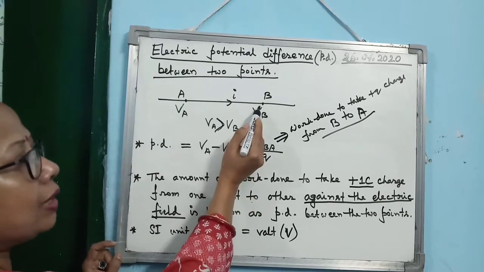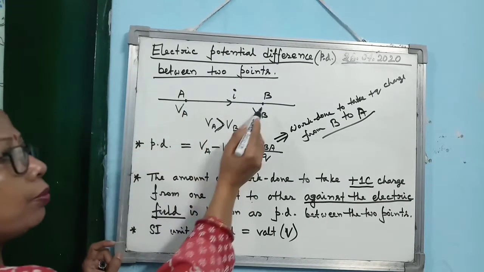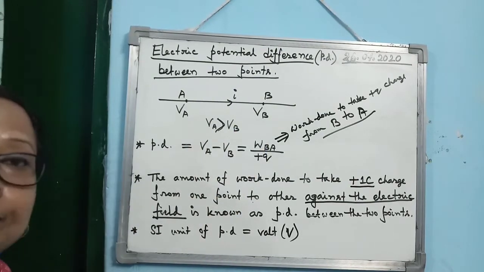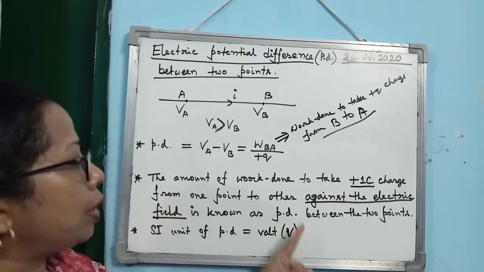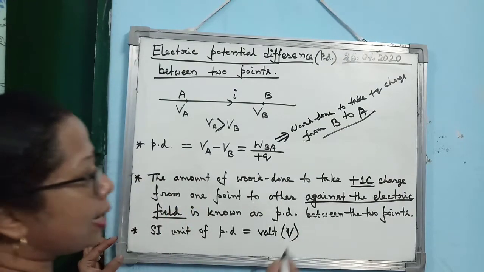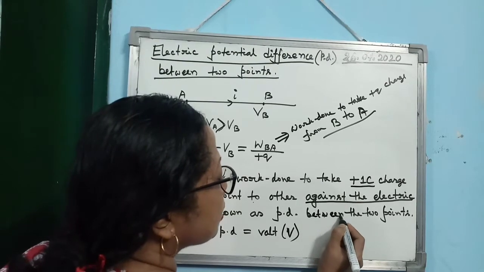Against the electric field means you have to take it from B to A, from lower potential to high potential. You take the plus Q charge, and the amount of work done is known as the potential difference between the 2 points.